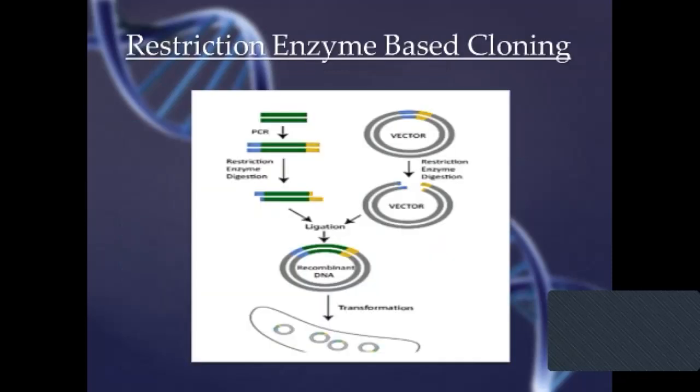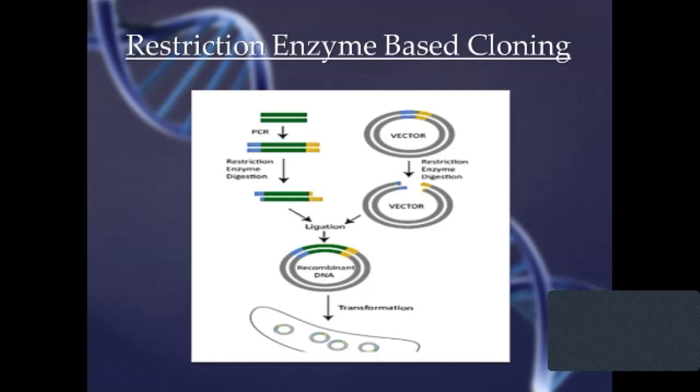Let's look at the first one, which is the restriction enzyme based cloning. Restriction enzymes are enzymes which cut DNA near a specific short nucleotide sequence called a restriction site. The restriction enzyme based cloning method depends on the activity of the restriction enzymes to cut both vector and the DNA insert, and the method also depends on DNA ligase to paste the DNA fragment into the vector.